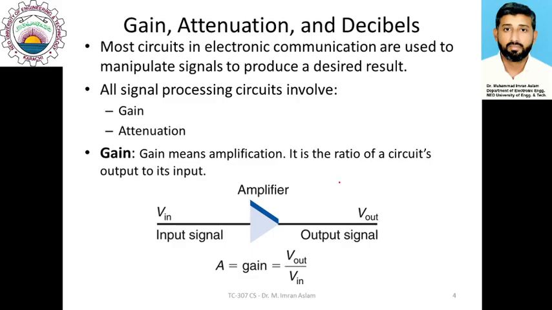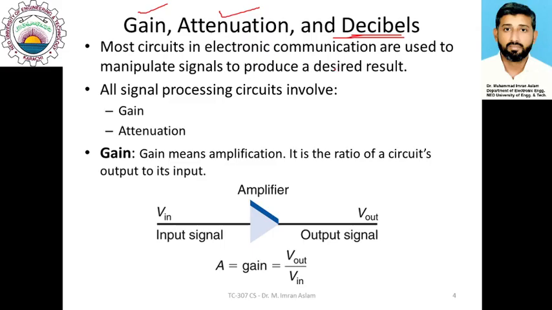Now I want to explain an important unit that is very commonly used in communication systems, and that unit is decibels. But before describing decibels, let me quickly define gain and attenuation, which are commonly used in communication systems. We know that a system comprises different subsystems, and all the circuits have certain properties and manipulate the signal in some way or other.